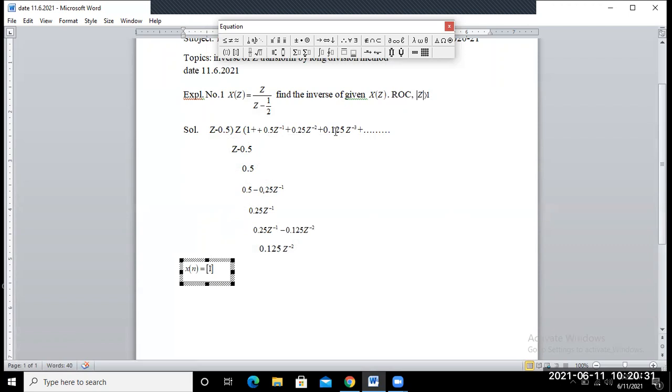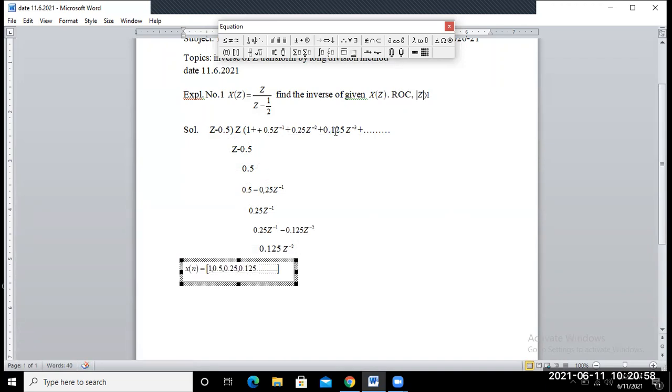So your coefficients are 1, 0.5, 0.25, 0.125. Similarly this one increases in this fashion.